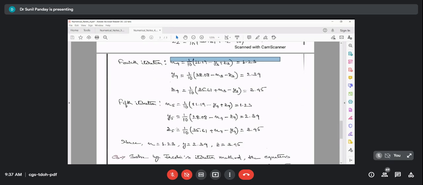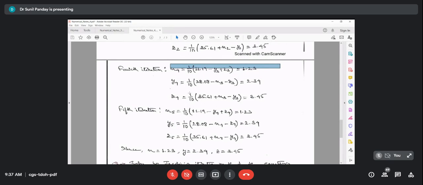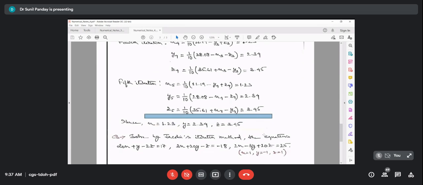So like this you will get, but you can see that from the fourth and fifth iteration we are getting nearly the same values of x4, x5, y4, y5, and z4, z5. So we will stop here, and we shall say that this is our approximate solution.